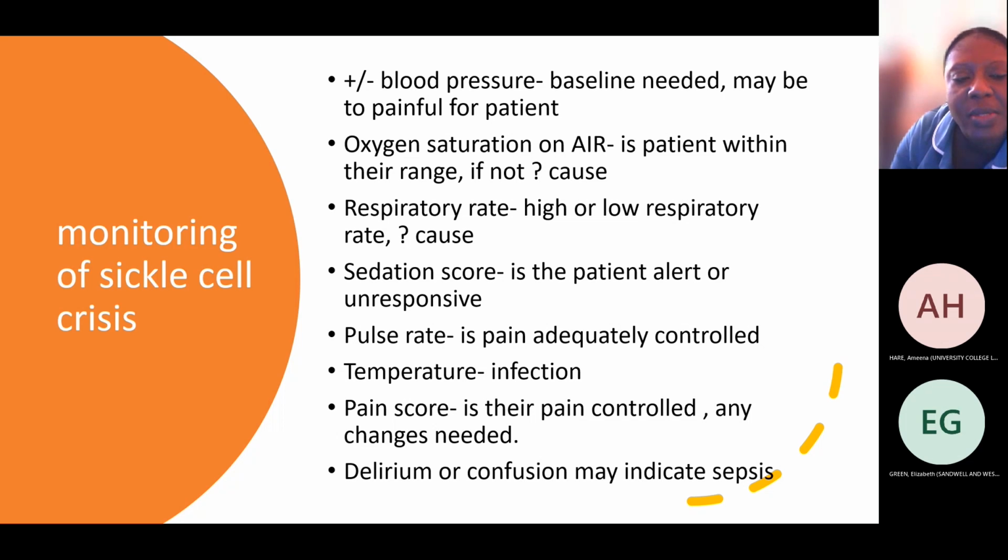So when we're monitoring sickle cell patients who are in crisis, what exactly are we looking at to make sure we haven't missed anything, or if there's something we see early that we need to act upon? The first one will be their blood pressure baseline.